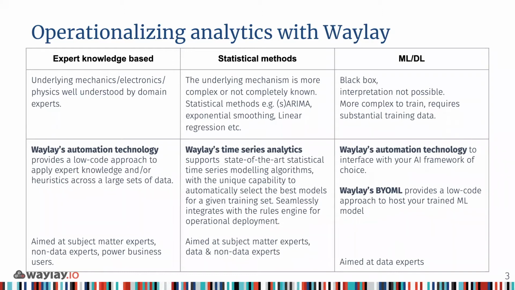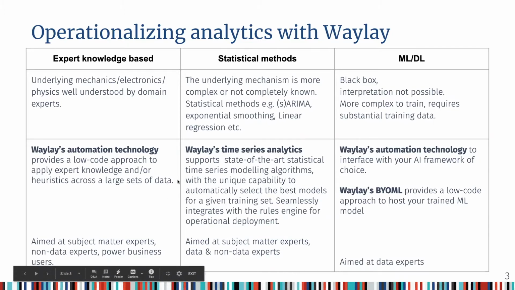And clearly, like I said, the algorithm needs, of course, to be trained, needs to be configured. And that typically happens outside Waylay as well, while in the first two approaches, training can happen in Waylay's environment as well.